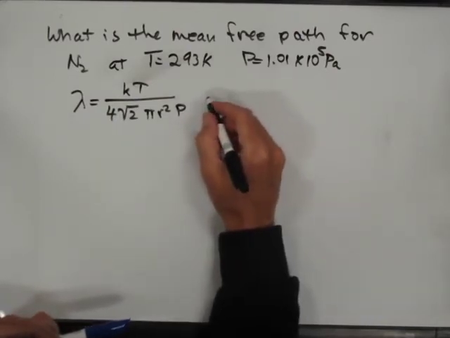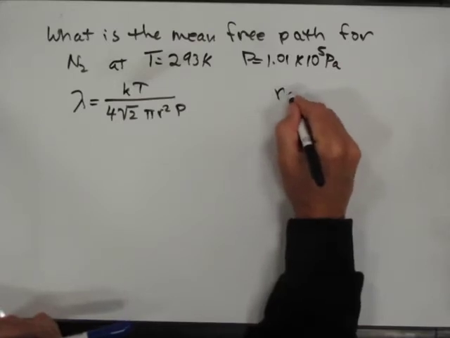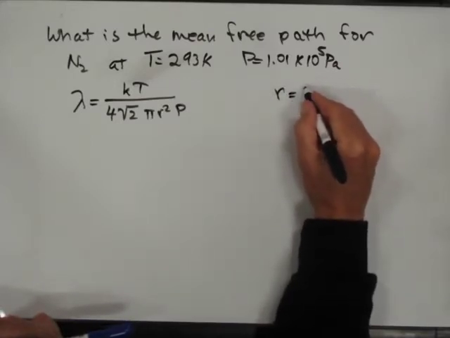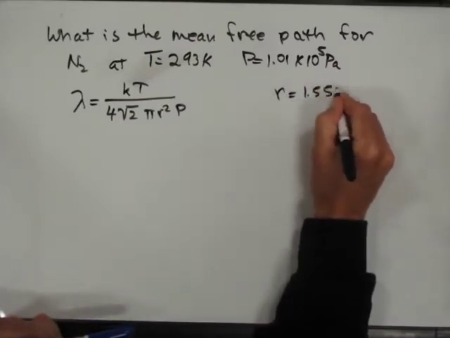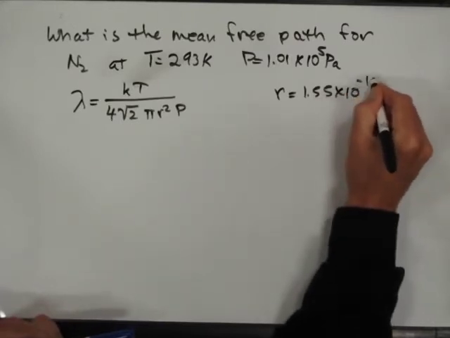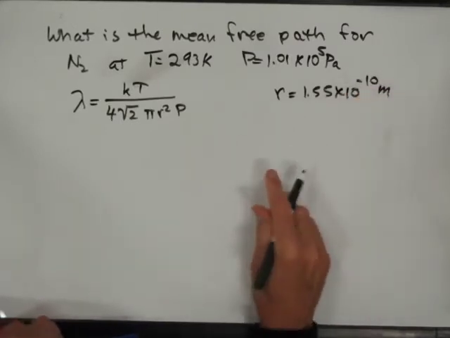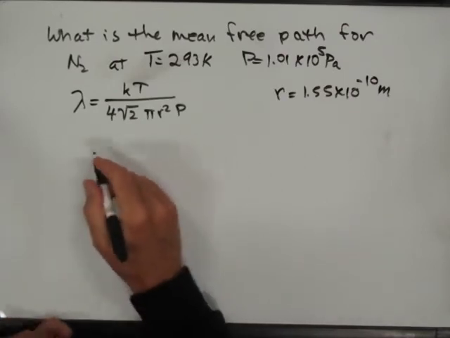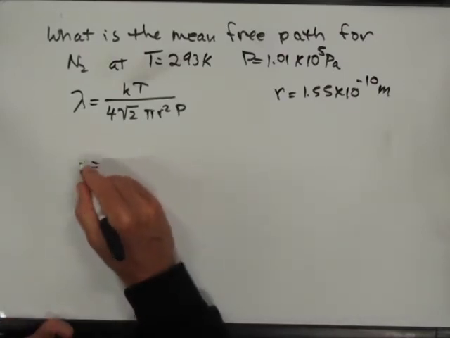And the only thing we have to find is we can just look up the radius of a nitrogen molecule, which is roughly that. And so we can just evaluate this now, right?